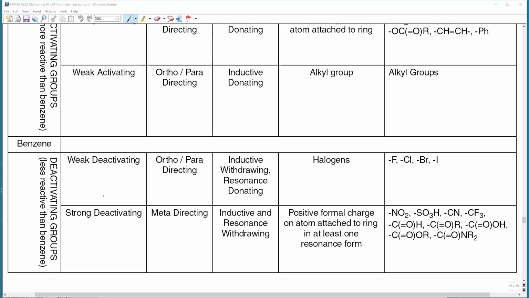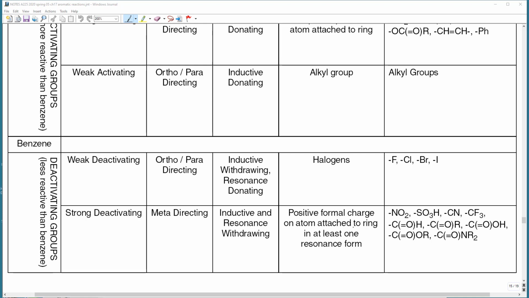Finally, then we have the strong deactivating groups. These are groups that would be the E groups in the Diels-Alder dienophile that we talked about earlier this semester. Strong deactivators, as we saw from the energy profile above, are meta-directing, and these are generally completely withdrawing on every scale. They're inductive and resonance withdrawing.